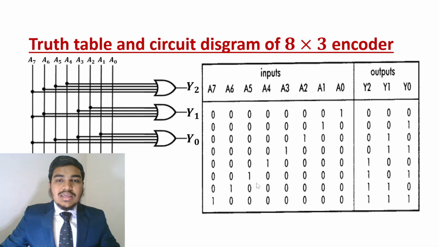For example, if we consider A5 as input 1, then we get the binary of 5, that is 101. So when the A5 pin is active, on our output side we will get 101 as output. This is how the circuit actually works.